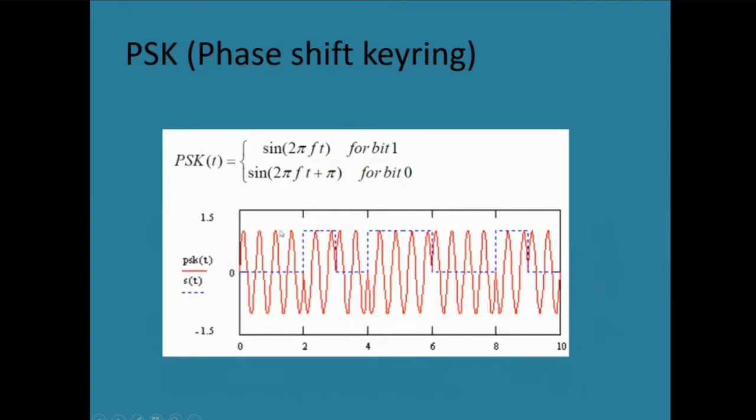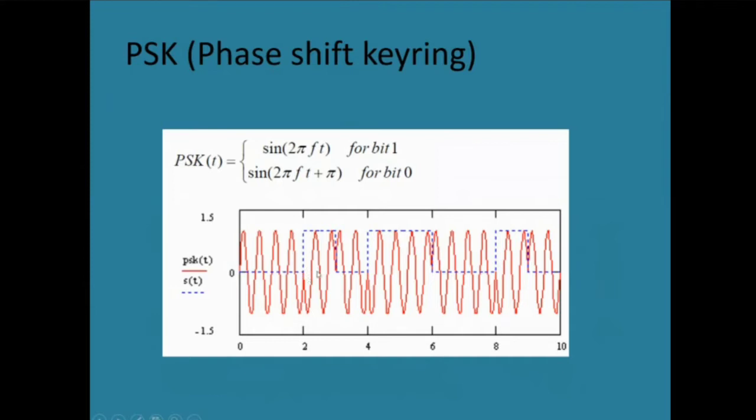So see here, if the data changes from 1 to 0 or 0 to 1, there will be a change in phase. See here, this dotted line represents the digital bits, 1 and 0. Here the bit changes from 0 to 1, there is a phase shift.